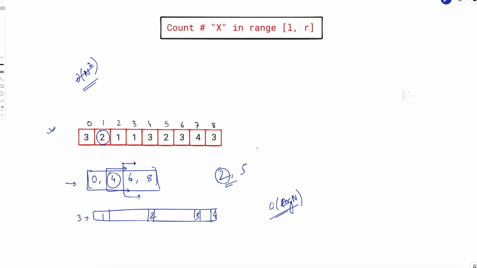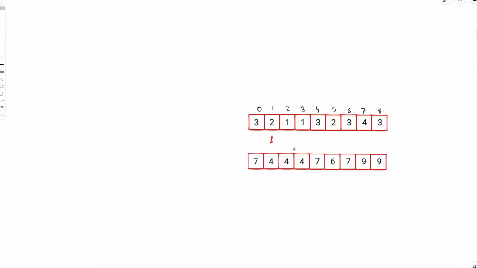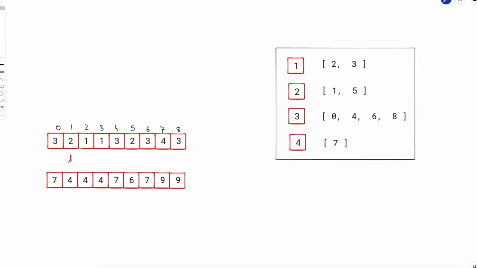Now once you have this answer, let's revisit the final algorithm one last time. So this is our array where we need to find the number of subarrays such that the leftmost and the rightmost element is equal to the largest element of that subarray. What you did was you first maintained this mapping of indexes.